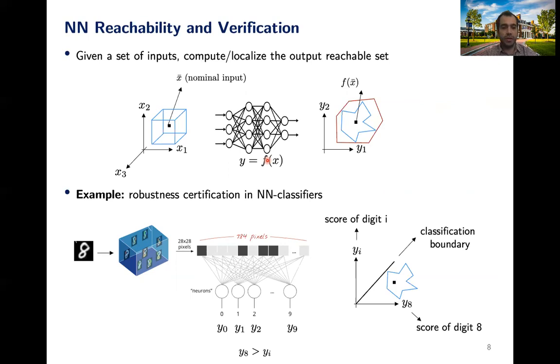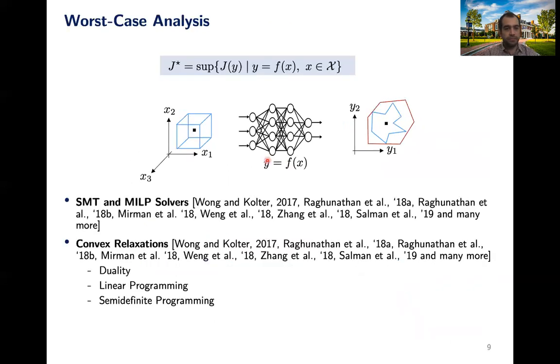After training the neural network, one way to measure the robustness of the trained neural network is to consider a sample image and consider a set of perturbed versions of that image, such that all these perturbations are visually the same digit. And so in order to measure the robustness of the neural network, our goal is to verify whether all these perturbed images are classified correctly. So this is an instance of reachability analysis for neural networks.